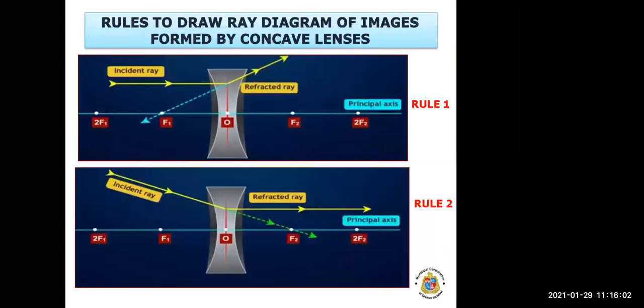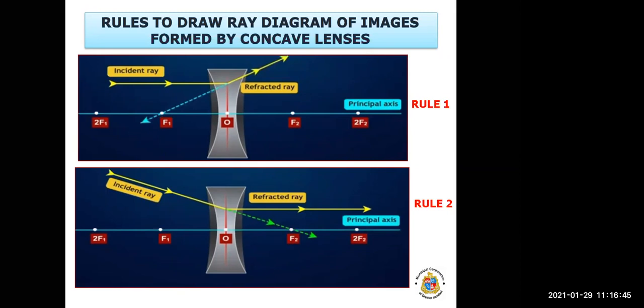So here, we will go from rule first, the rules to draw the ray diagram of images formed by the concave lenses. Here you can see that if the object is placed at infinity, the incident ray is falling on the concave lens, then it will get refracted, or it will get diverged, and the image which is formed will be on the first focus, or you can say the f1 position, where it is seen.